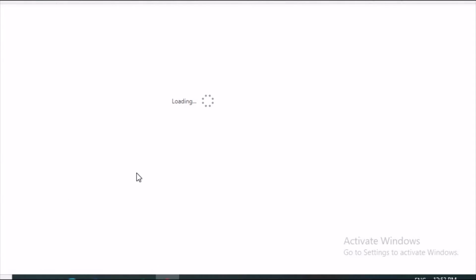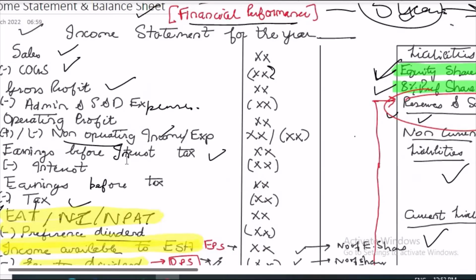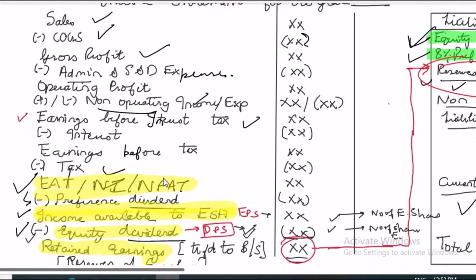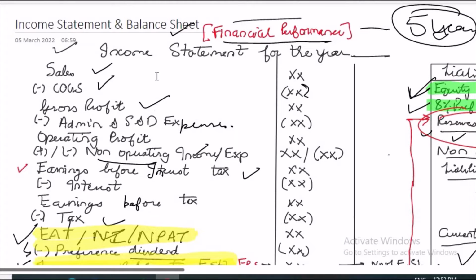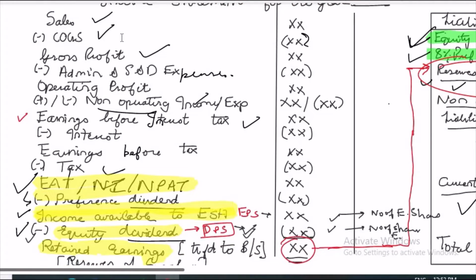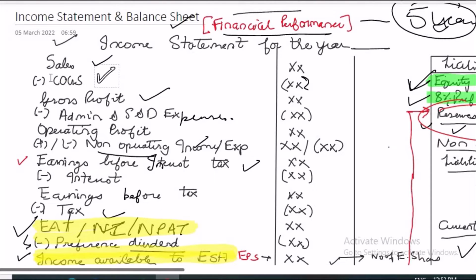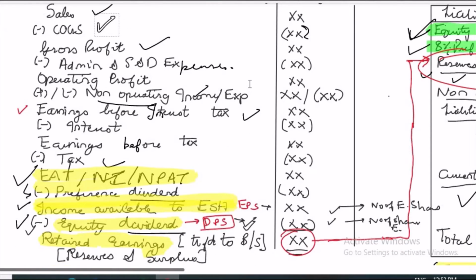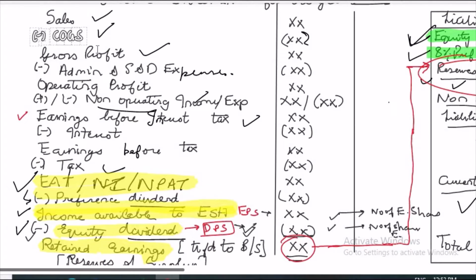Now next is the income statement and balance sheet. In the income statement, we start with the sales from the trading account minus COGS. COGS is cost of goods sold, which is subtracted from sales, and the gross profit is found.